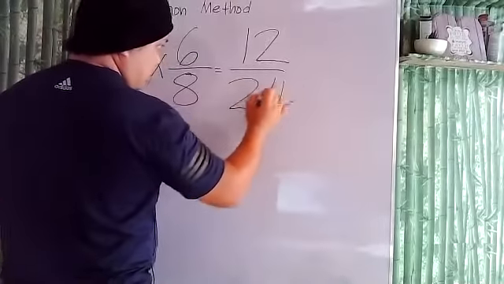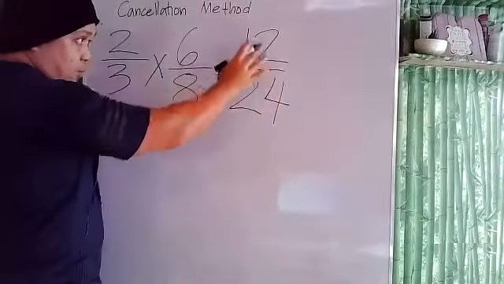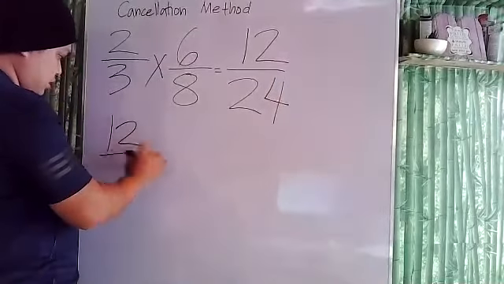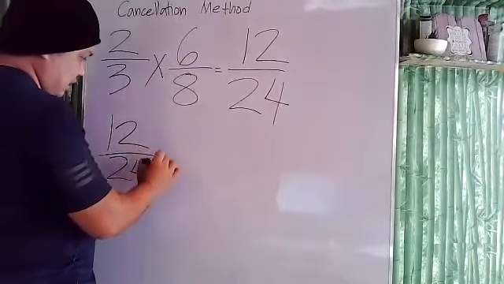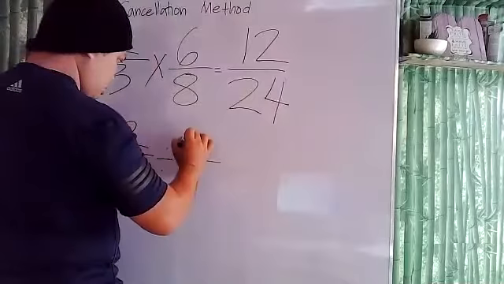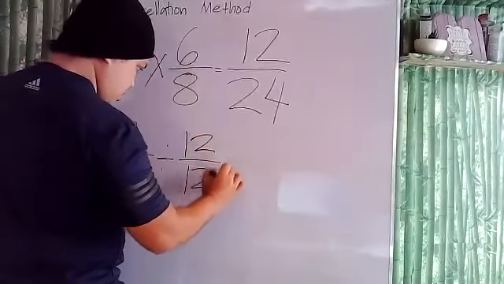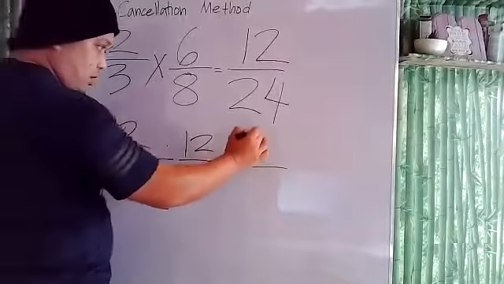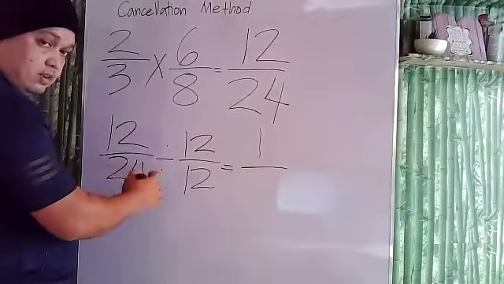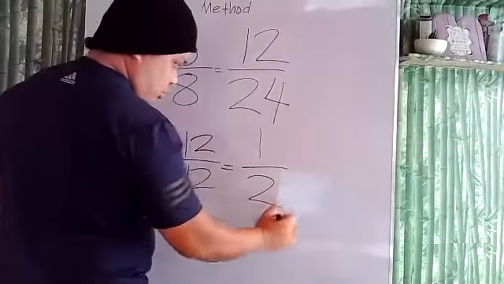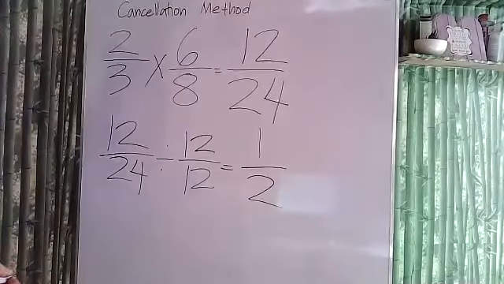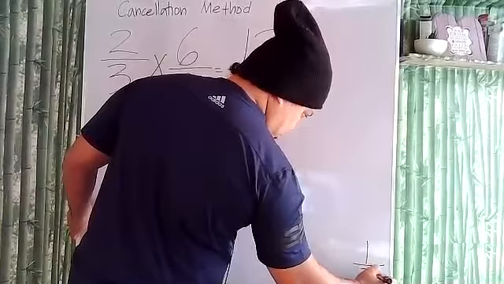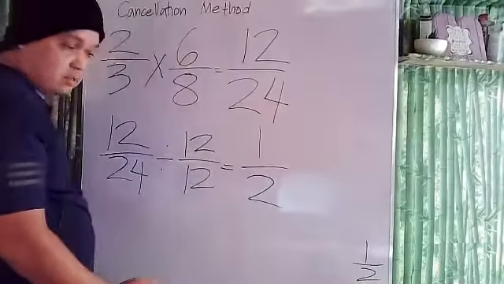And we simplify the answer because 12 and 24 can still be simplified. They can both be divided by 12. 12 divided by 12 is 1, while 24 divided by 12 is 2. So we have 1/2. That's the long method. We put the answer here, 1/2.